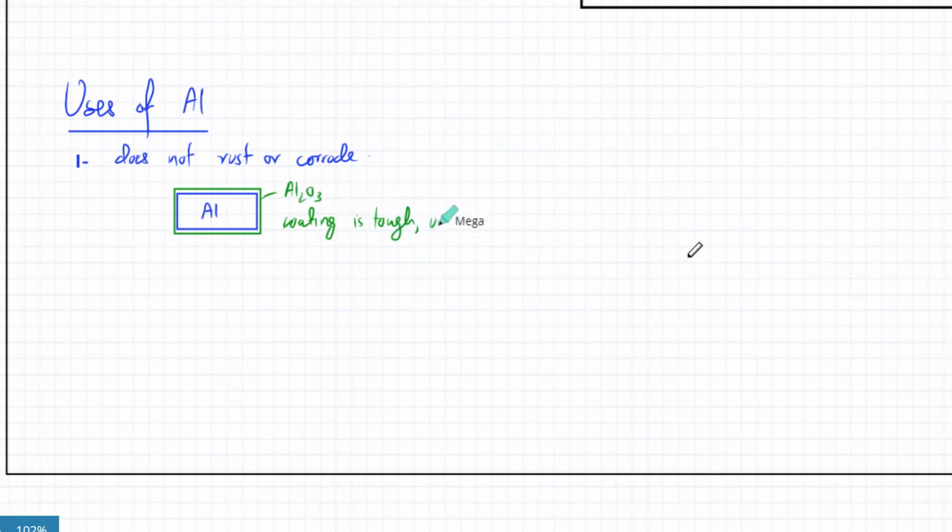It looks good as well, and it's non-porous, so nothing can pass through it. So the aluminium gets a protective layer on top of it. The coating is tough, unreactive, and non-porous, and protects aluminium from further corrosion.